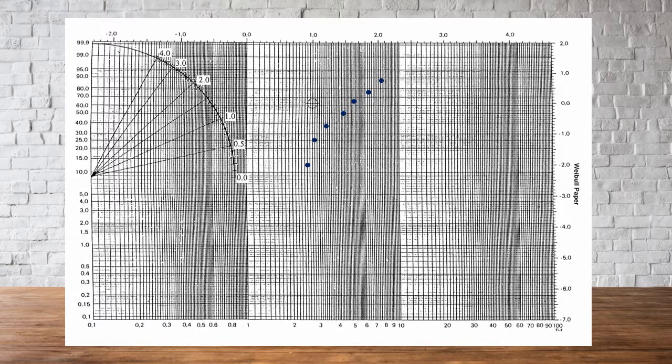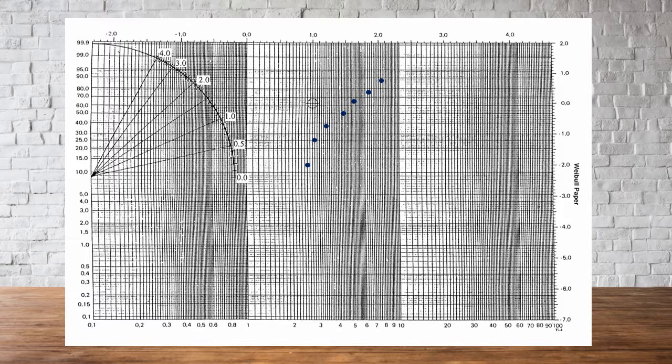So in this class, we use the Weibull paper to estimate the parameters. We need to put the data that we have calculated in the previous step in this paper. We need to scale them. It was around 25,200 hours.